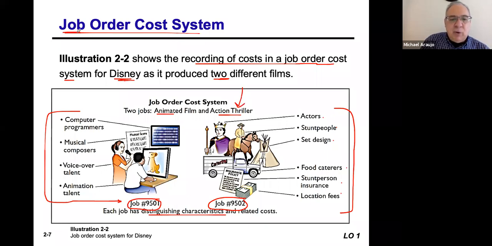And so a job order cost system would be able to say, okay, these are all of the costs related to this particular film. Okay. And so that's basically how a job order cost system differs from one like potato chips, and creating potato chips.